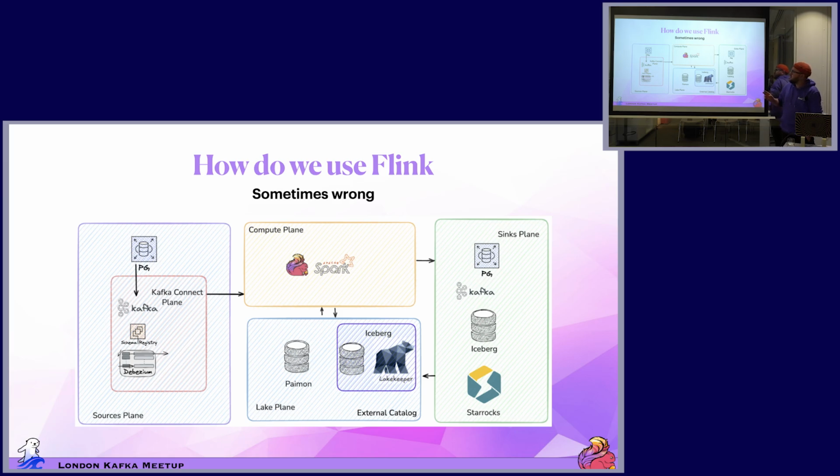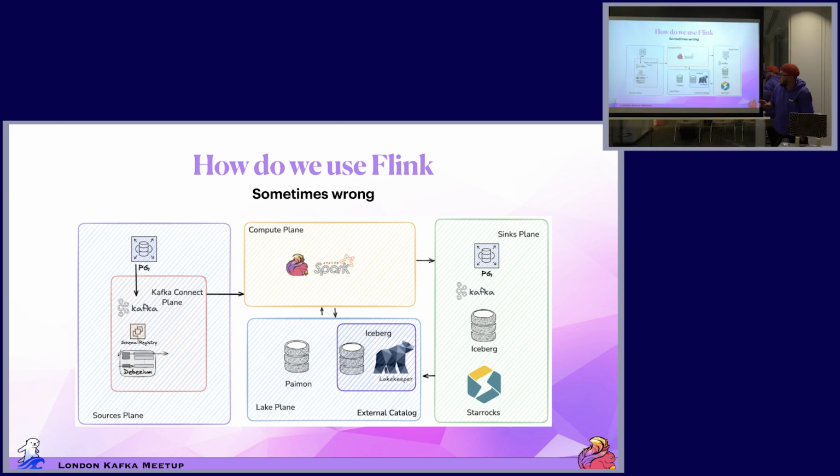Then we produce this output either to our lake plane, so we have Paimon and Iceberg, or to our serving plane, which can be the same Postgres, Kafka, some intermediary topic, Iceberg, or StarRocks. How many of you have heard about StarRocks, for example?